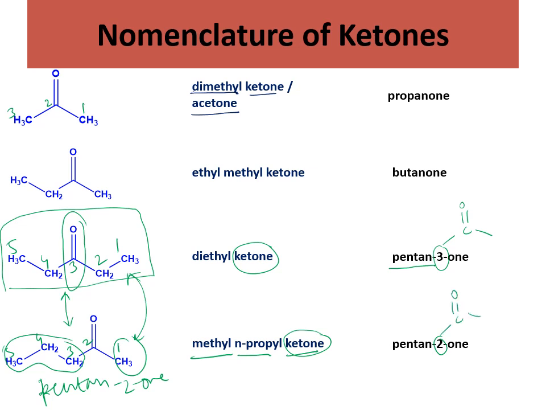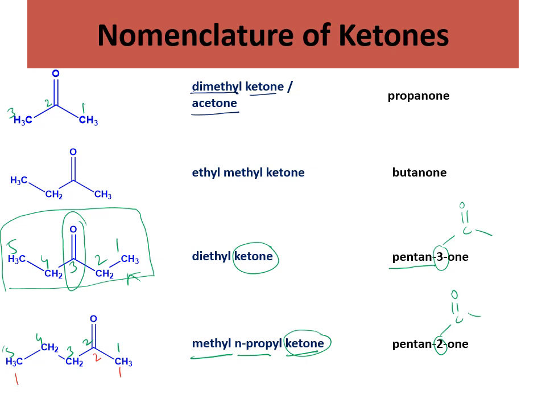So I hope now you realize the significance of numbering the chain. Also, an important part to pay attention to is that while numbering, I ensured that the functional group gets the lower number. I numbered the last molecule from the right-hand side, because numbering from this side, I get 2.